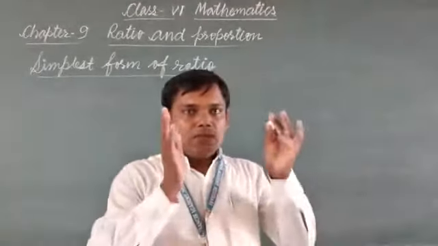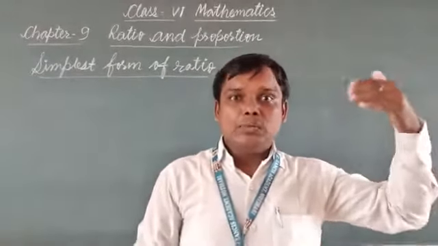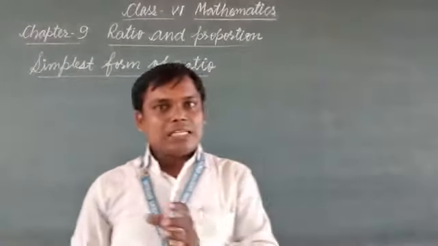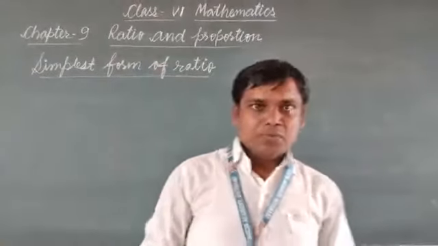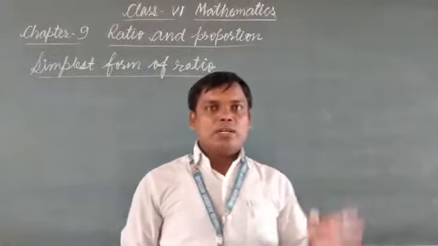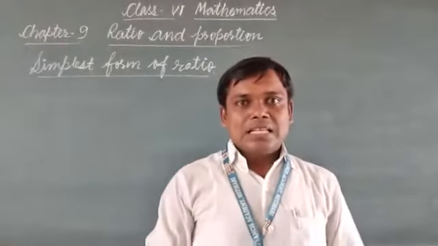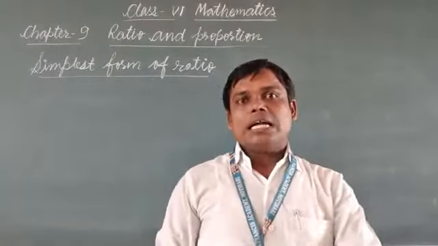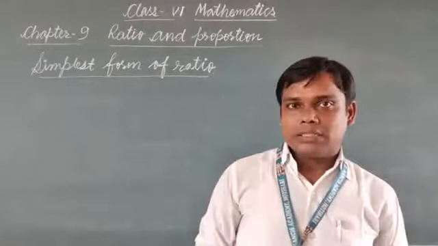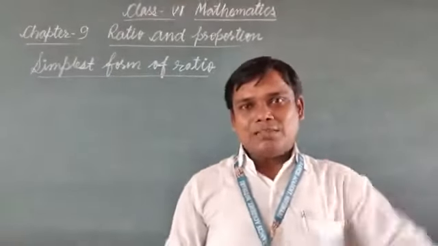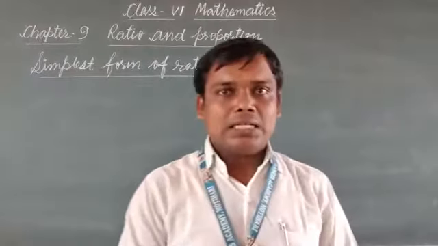We will write the prime factors of the first term, that is the numerator, and the prime factors of the second term. Then we will find that some of the factors are common in both numerator and denominator. We will cancel the common factors.